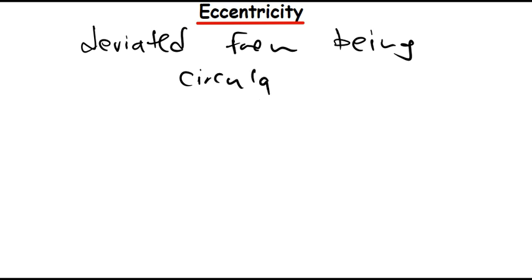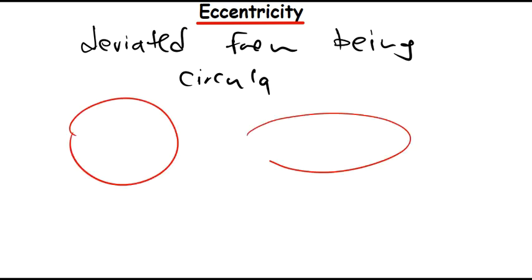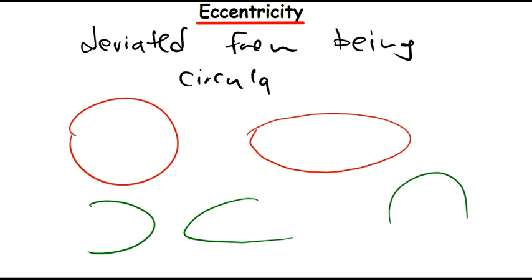So if we look at the conic sections that we've already discussed so far, we've talked about a circle, an ellipse, a parabola, and a hyperbola. Which one do you think has deviated very much from a circle?